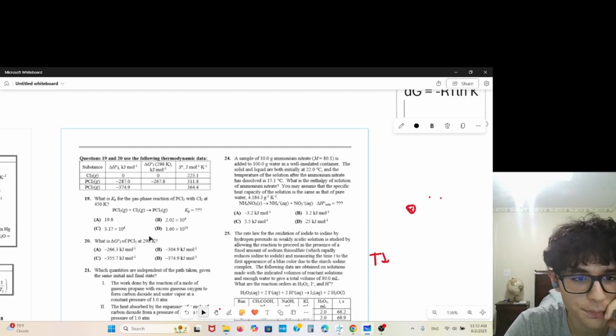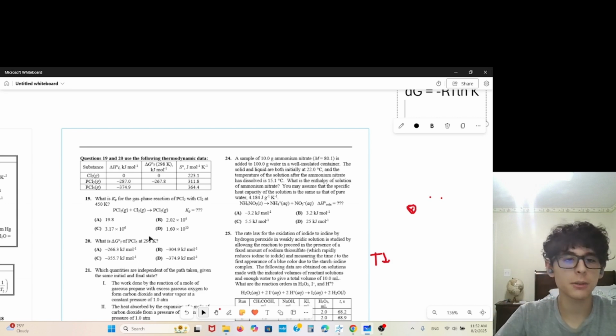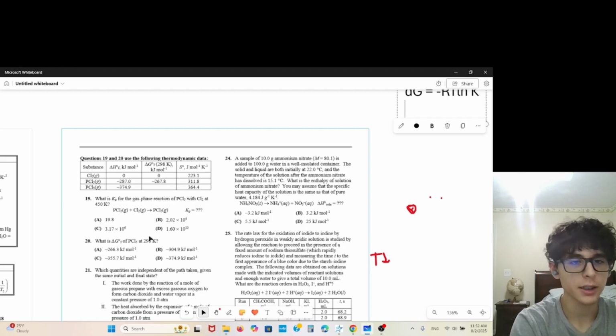For this, you're gonna want to go holistically, right? So you're gonna want to find the total delta H, which is going to be, look at the reaction, negative 374.9 minus negative 287.0 plus 0. Okay, negative 87.9 kilojoules per mole.